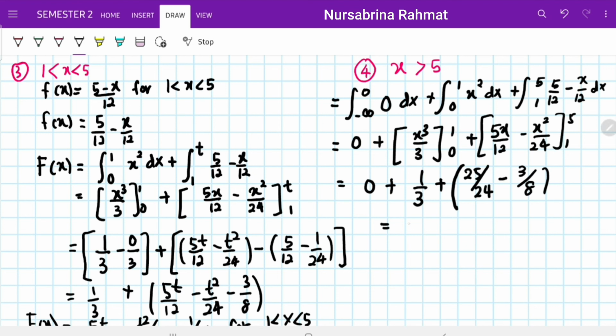The answer should be 1. So your cumulative distribution function is equal to 1 for x greater than 5.